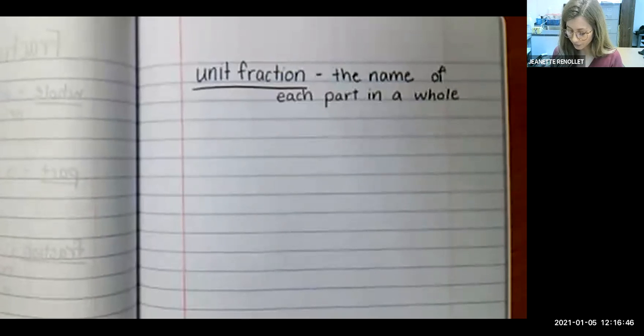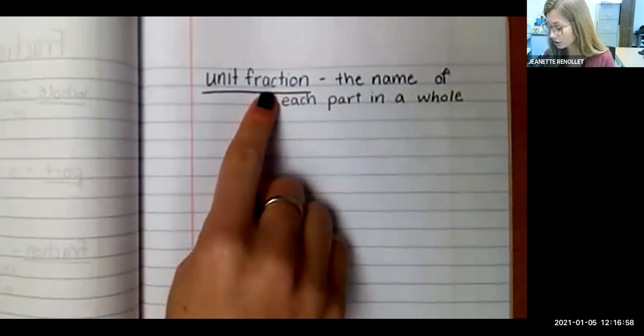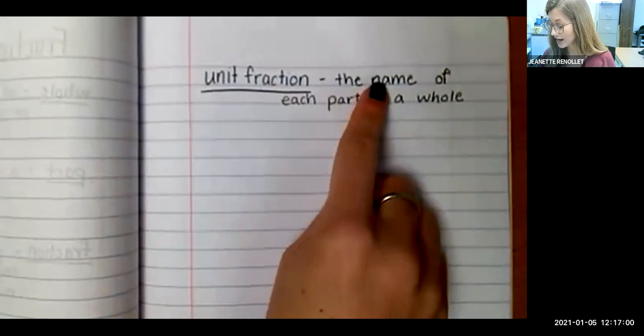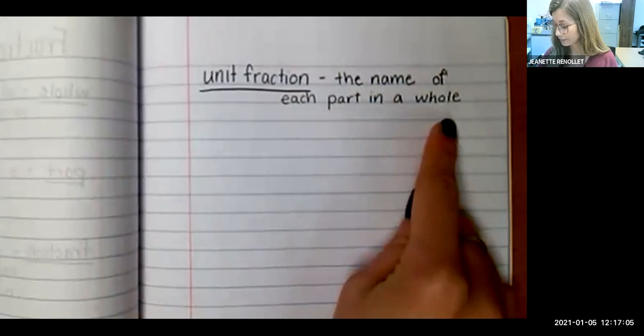Okay, it is time for us to show some examples of what this means. It's time for us to have some models, to partition the models, and to show the unit fraction. That means we're going to show the name of each part in a whole.